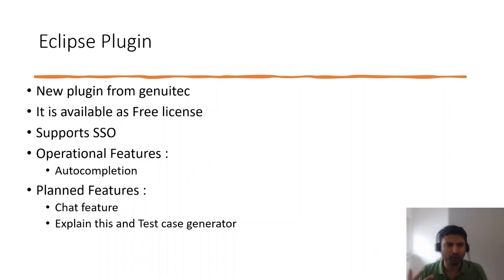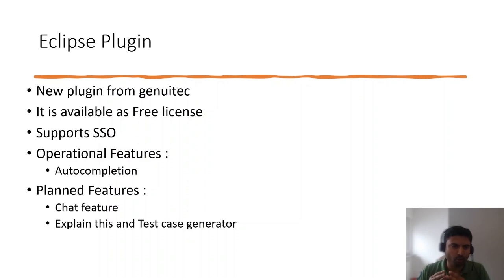Many companies do not allow you to log in using user ID and password. They have single sign-on using your user ID. But when you're using Eclipse, this SSO functionality works behind the scenes and is supported by Eclipse. And when you have a plugin which supports that, it serves all your purposes.